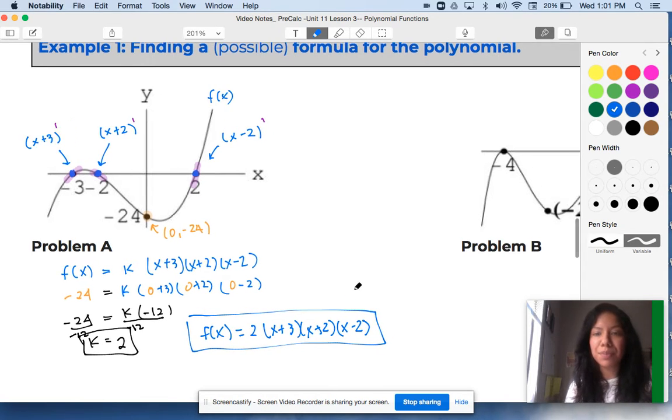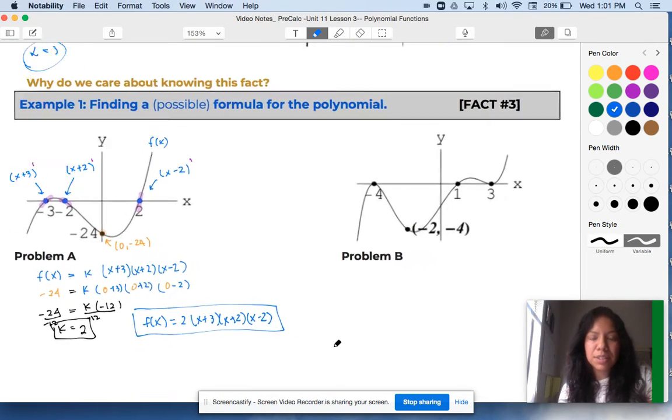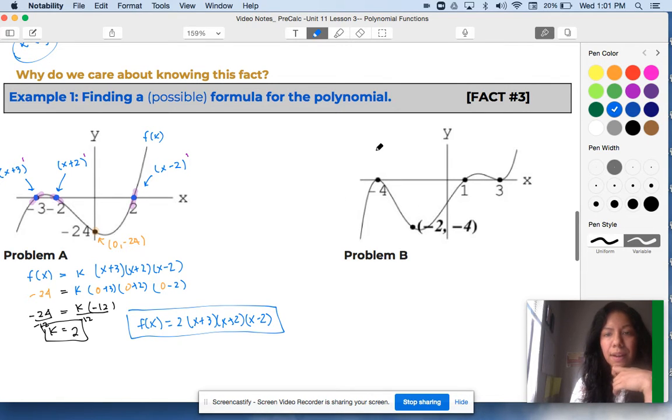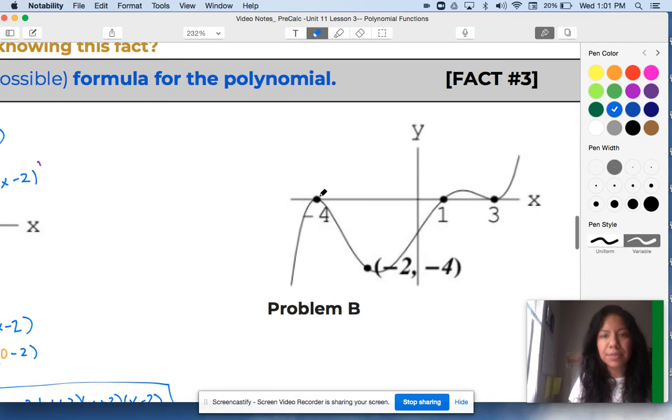Fantastic job, everyone. All right, so moving on to the next example. Here, it's basically the same thing, but with a little more complicated stuff. So again, let's identify the x values. The x values are the roots.